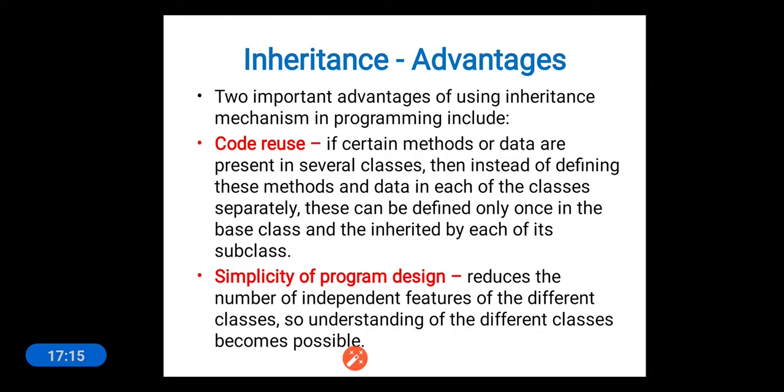Whatever required methods can be used in the lower level, we are inheriting from the parent class. That's what code reusability is. Next, simplicity of program design. It reduces the number of independent features of different classes, so understanding of the different classes becomes possible.